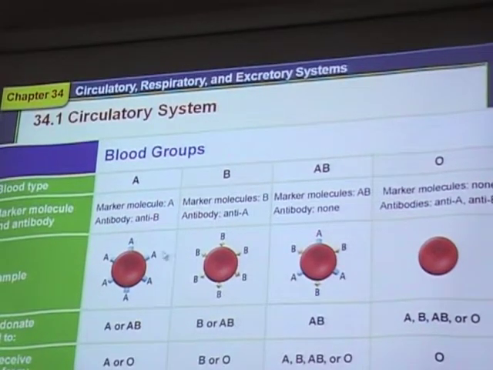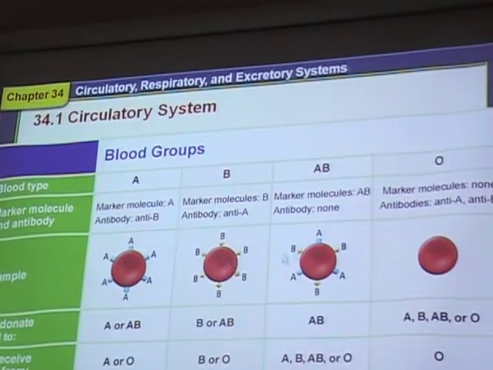So a type A person cannot get either B or AB blood put in their bodies because their anti-B antibodies will destroy it. So we call type O the universal donor because it has no proteins on its surface. So you can give this cell to anybody because their antibodies will not destroy it.